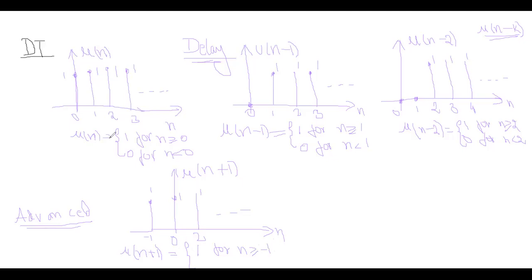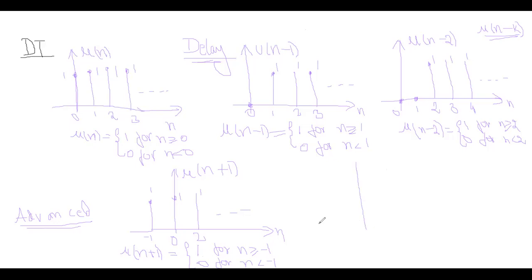Whatever the value is there, here you can write this is 1 for n is greater than or equal to 0, n is greater than or equal to 1, n greater than or equal to 2. And because it is a plus, minus of minus 1, so n is greater than or equal to minus 1. And 0 for n less than minus 1. Okay, this is the advanced signal.